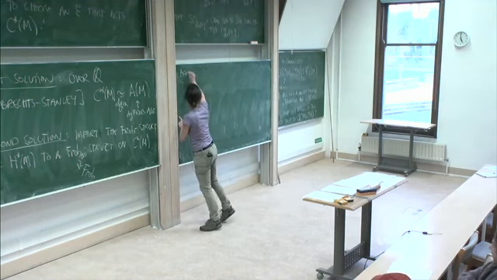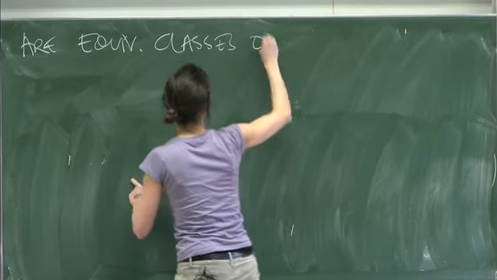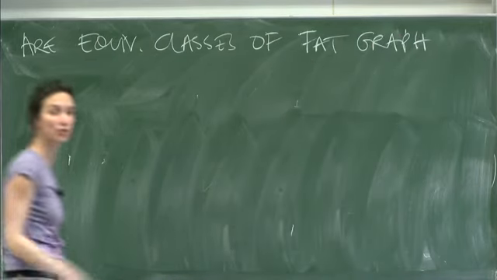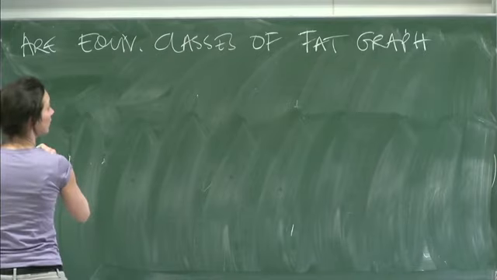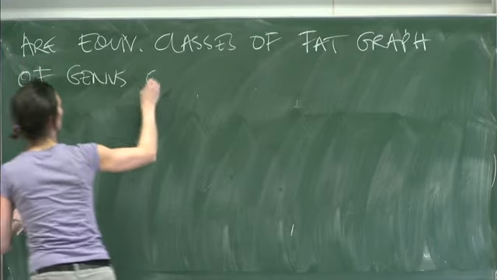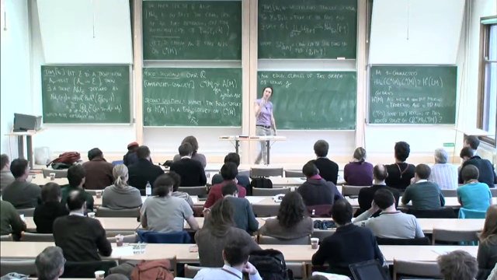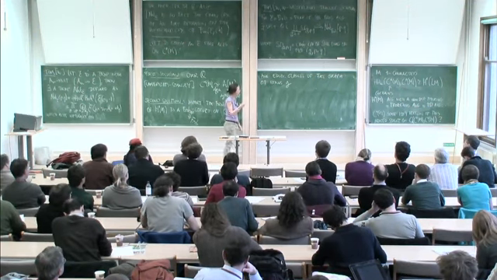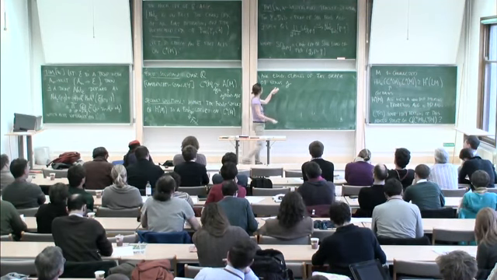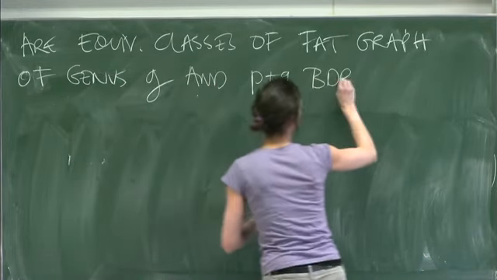These are equivalence classes of fat graphs. Fat graphs are graphs with cyclic orderings at the vertices. When you have a cyclic ordering at the vertices, you can associate a surface by thickening the graph. This is why they're called fat graphs, or ribbon graphs sometimes. You can look at its genus and its number of boundary components: genus g and p plus q boundary components.